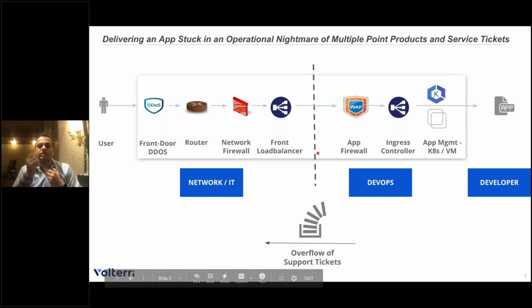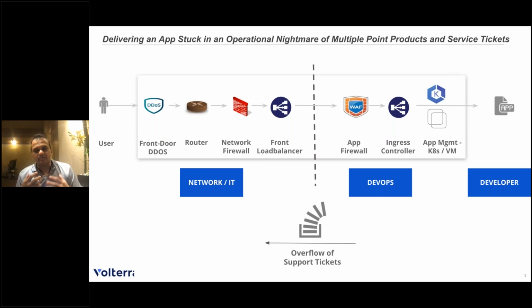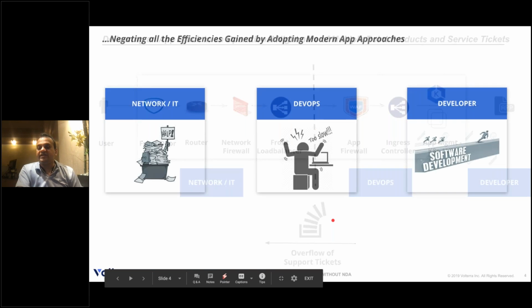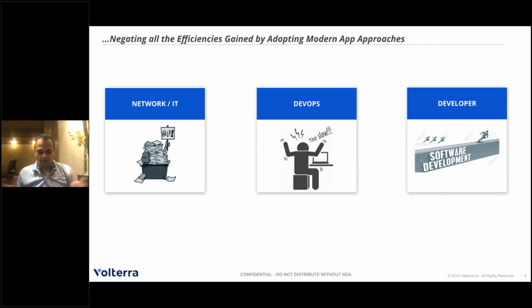So you probably do a support ticket, you get back something, you have to test it, and you say, this is not right, I need to do it again. So this is an iterative process that takes a lot of time. The impact of this on the entire app delivery process is that the developer is going fast by adopting modern application architecture approaches such as microservices and serverless.